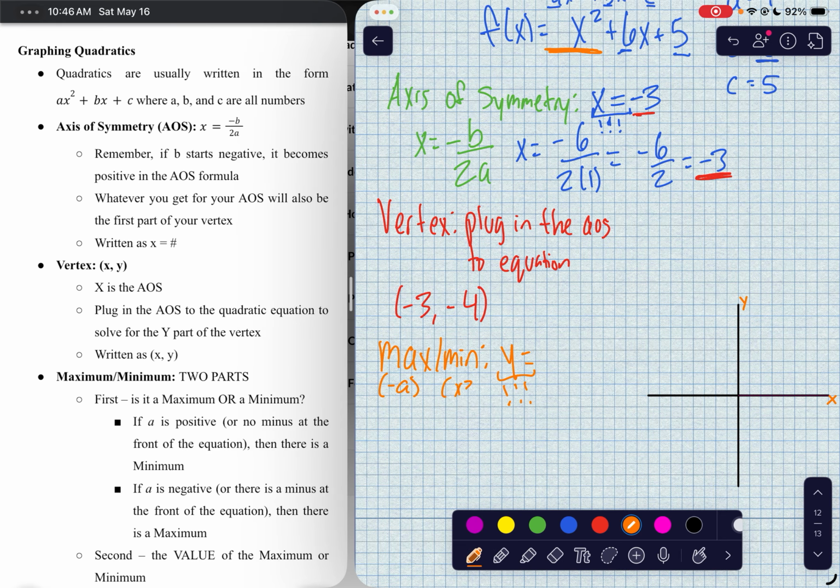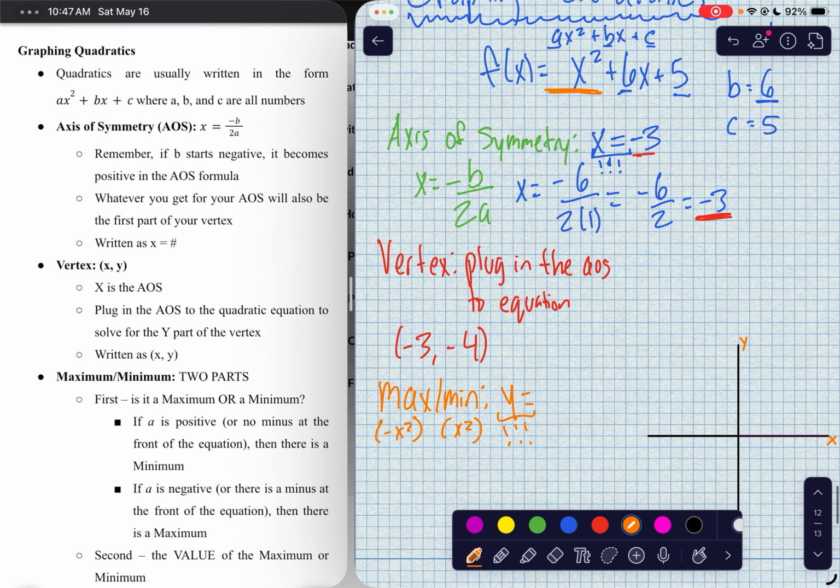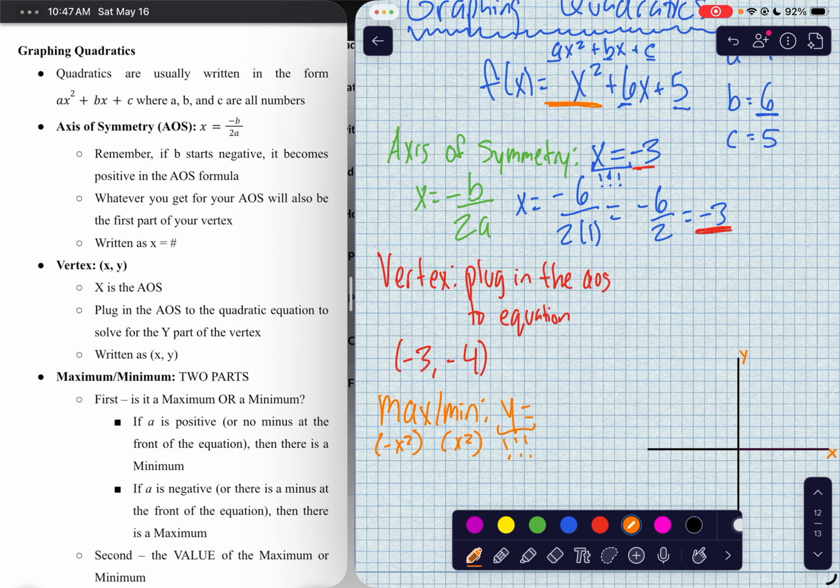So basically, you can think of it like this: it's a maximum if it says negative x squared, and it's a minimum if it says just x squared. And then the value of it is the same thing we just got for the vertex. So it's going to be y equals negative 4.